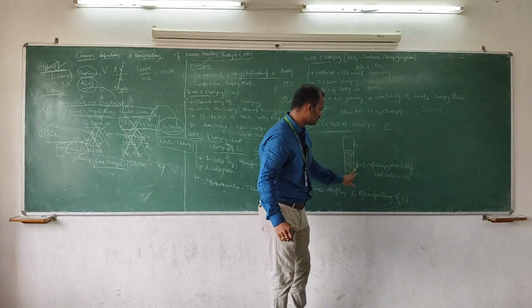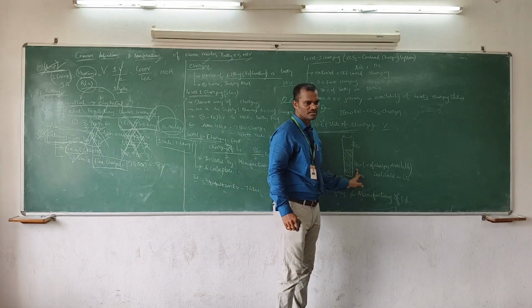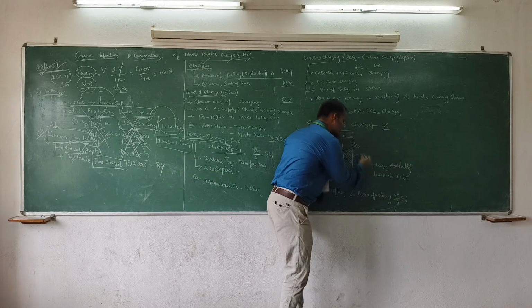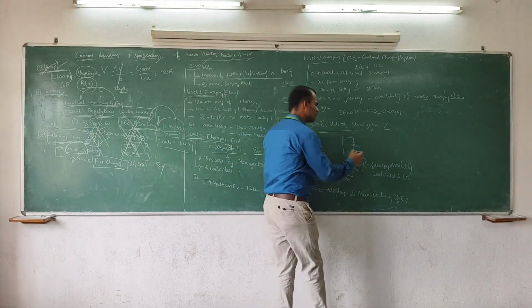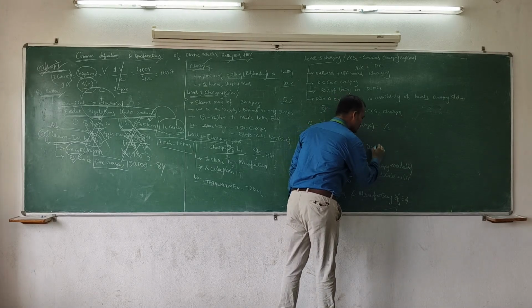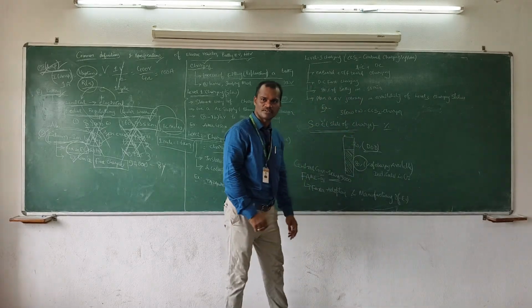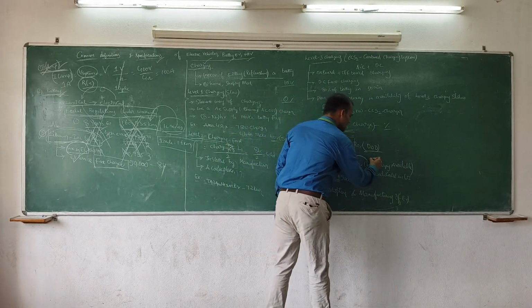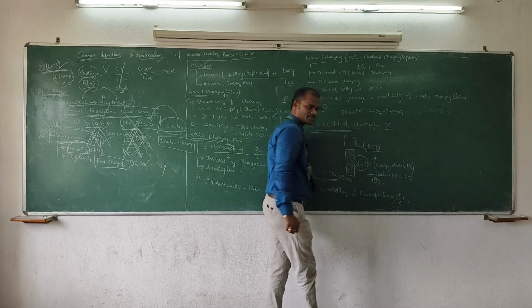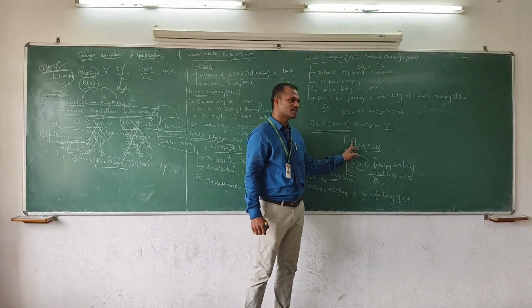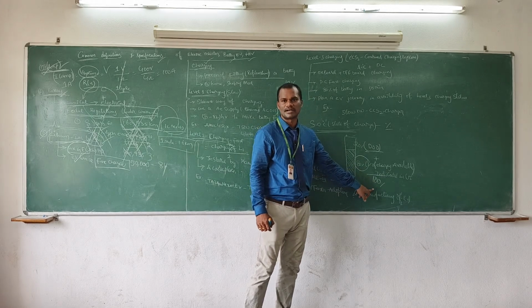This 80% of the battery is called the state of charge. How much amount of charging is available in a battery is called state of charge. How much amount of energy is already consumed by a battery is called depth of discharge. If you add state of charge plus depth of discharge, that will be equal to 100%. 80% plus 20% is equal to 100%.